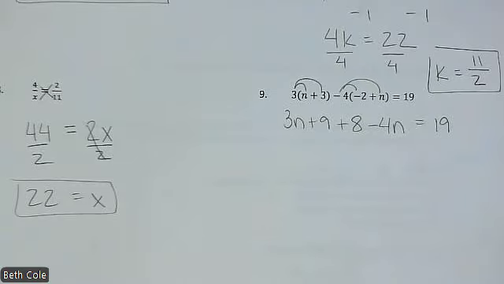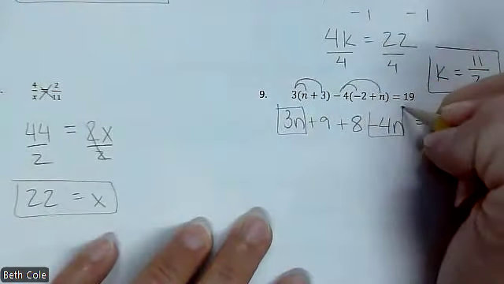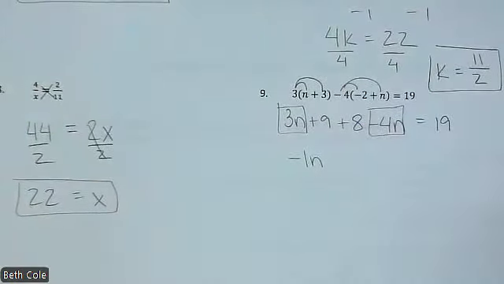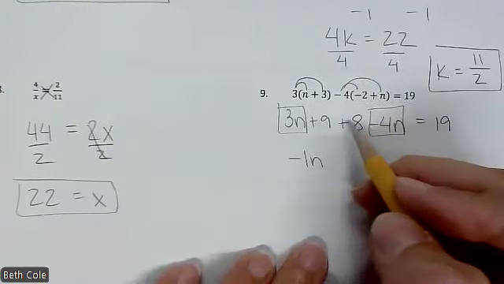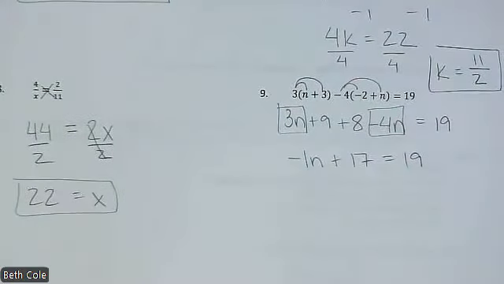Now you are not ready to move stuff to the other side. You have to combine things together first. Now this is kind of tricky actually. 3n minus 4n is negative 1n, or just negative n if you don't want to put the 1. And then 9 plus 8 is 17. I wrote the 1. You don't have to. It's personal preference. All right, then what?